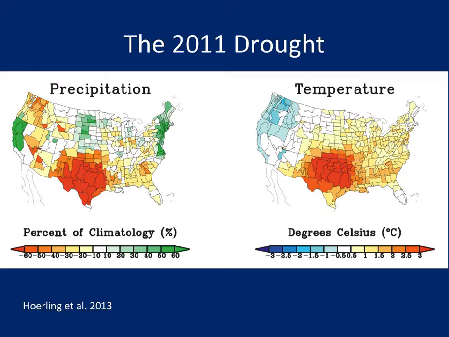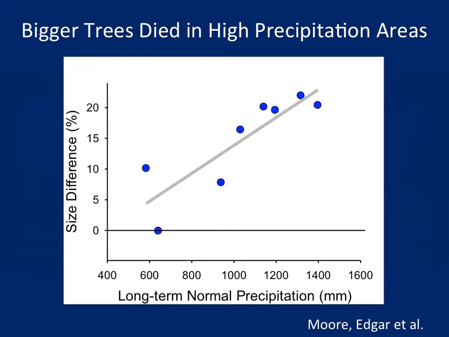And the Texas A&M Forest Service, in collaboration with a colleague of mine, Georgianne Moore, assessed the damage across the state of Texas. And this is just a summary of their research results. Chris Egger, Georgianne Moore, and myself put this together. What you're looking at is the size difference for trees that died versus trees on the landscape. And this includes all of Texas.